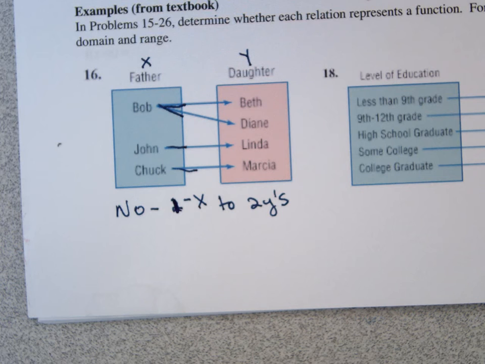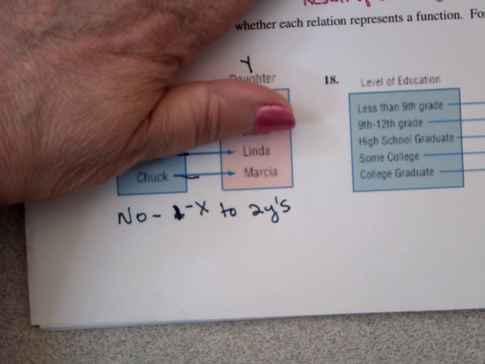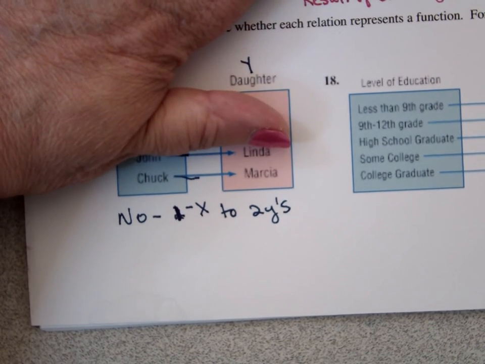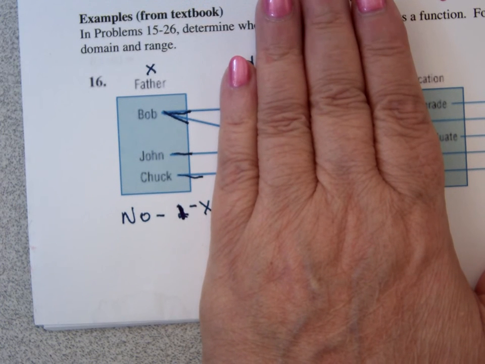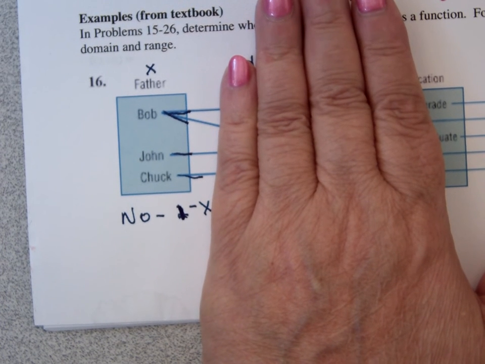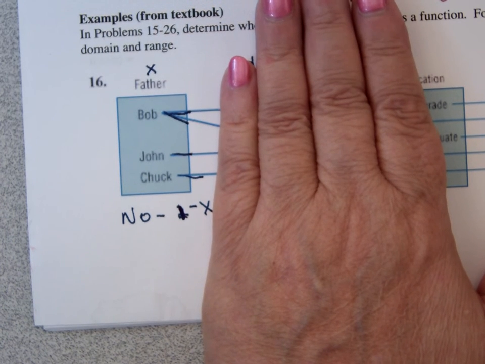Because then you can draw arrows, and then it tells you whether or not it's a function. If Bob wasn't there, that would be a function. With Bob being in the mix, that's not a function anymore. It's a relation, but it's not a function. Because it's telling you the relationship.